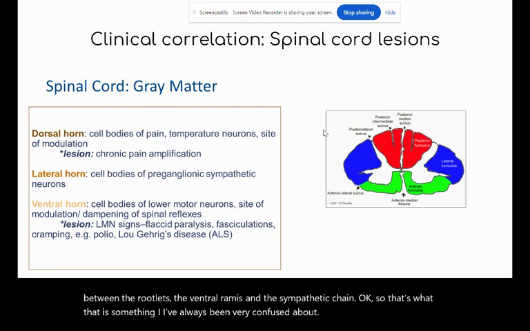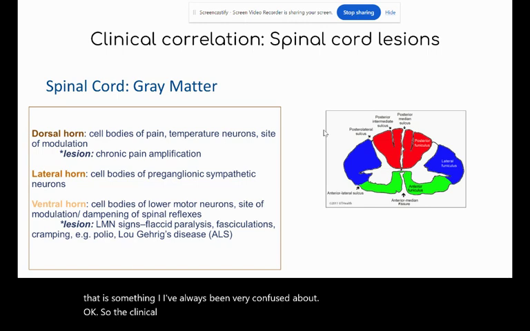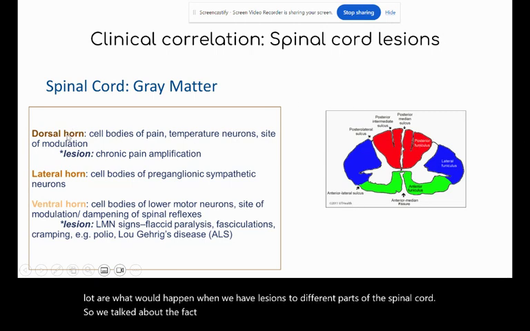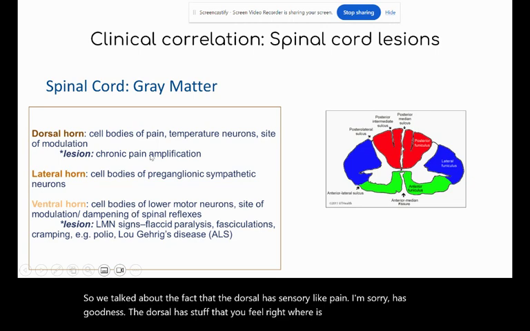Okay, so the clinical correlation that he talks about in this lecture, because it was kind of a lot, is what would happen when we have lesions to different parts of the spinal cord. So we talked about the fact that the dorsal has sensory, like pain. The dorsal has stuff that you feel, right? Whereas the ventral is motor.